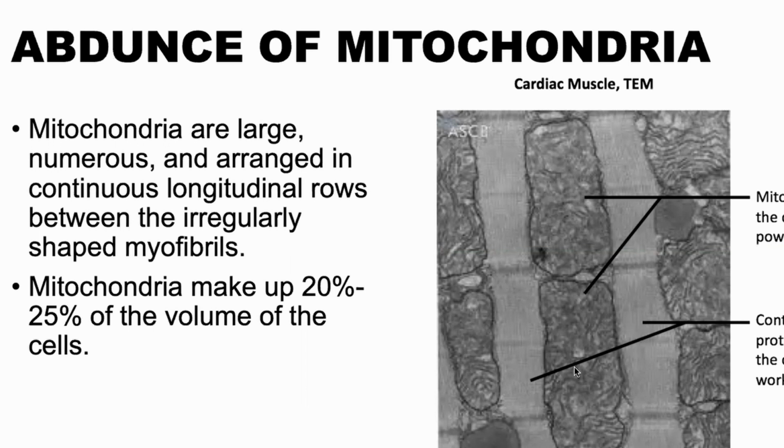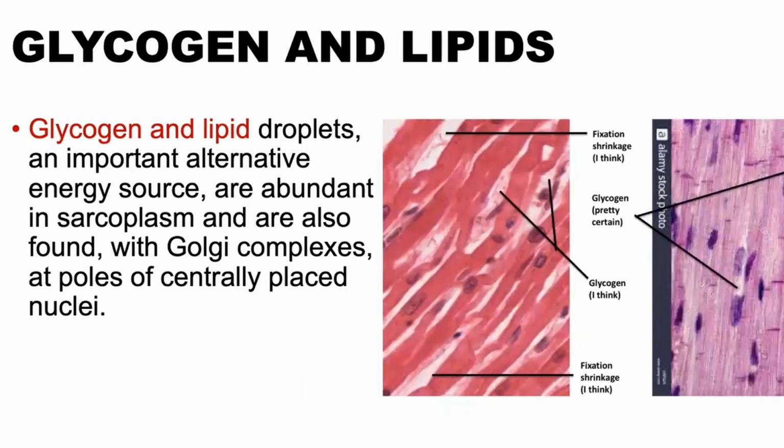And these are the contractile proteins. Mitochondria make up 25% of the volume of the cell. You can have inclusion bodies, glycogen and lipid droplets in the sarcoplasm, and they're there as a natural source of energy.